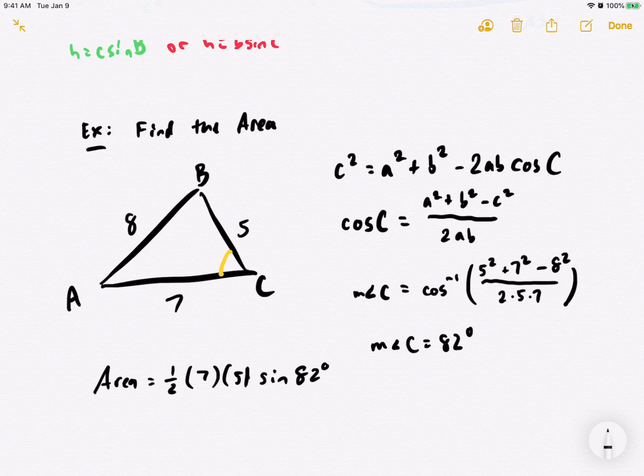That gives me an area of 17.3 units squared.